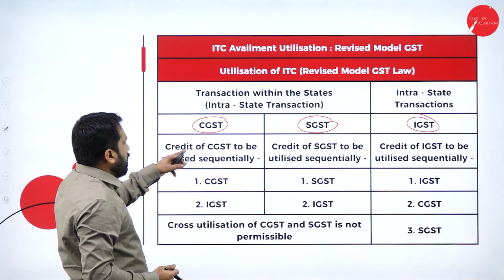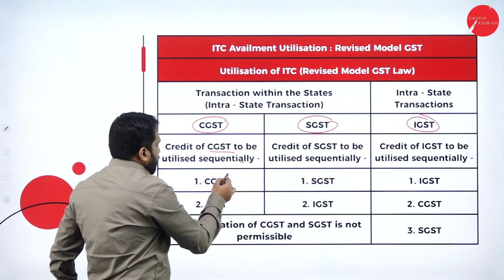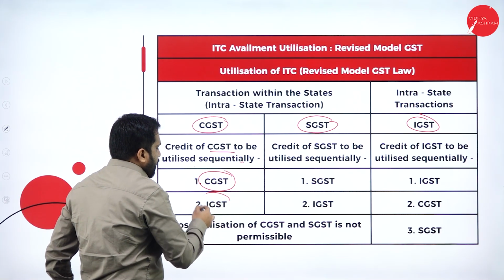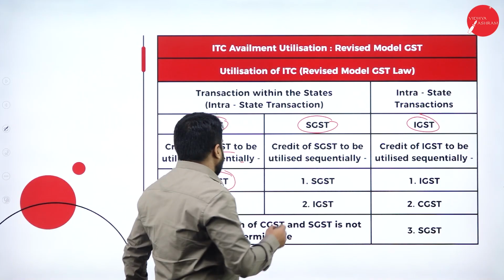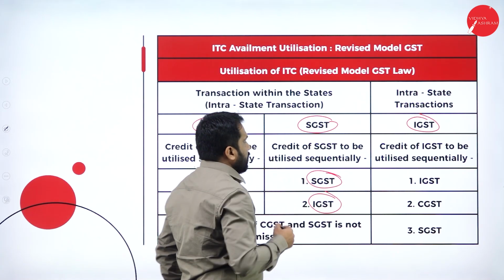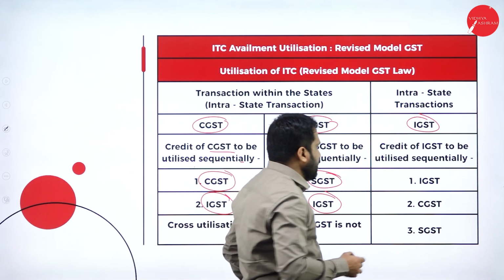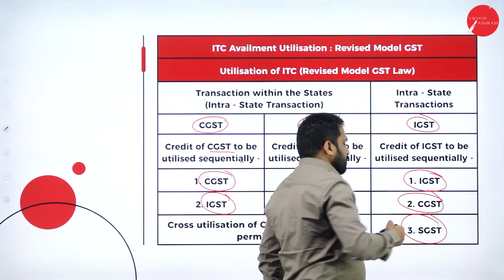Remember, credit of CGST can be utilized for CGST and IGST. Credit of SGST can be claimed for SGST and IGST. Credit of IGST can be used for IGST, CGST and SGST.